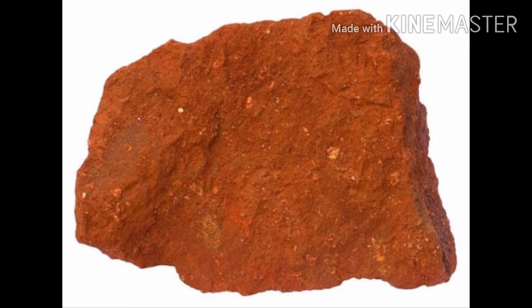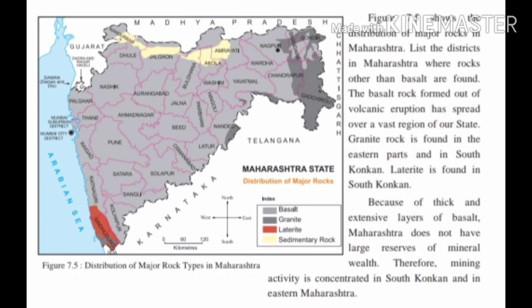Laterite is found in South Konkan. Because of the thick and extensive layers of basalt, Maharashtra does not have large reserves of mineral wealth. Therefore, mining activity is concentrated in South Konkan and in eastern Maharashtra.